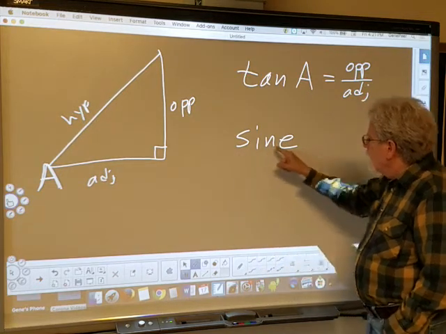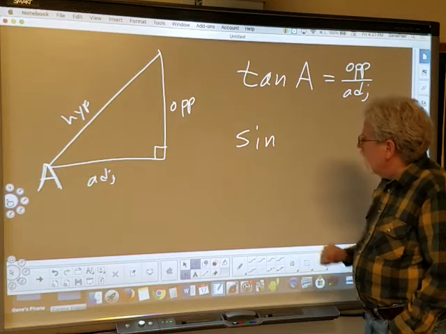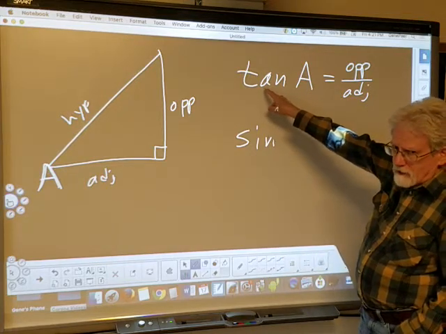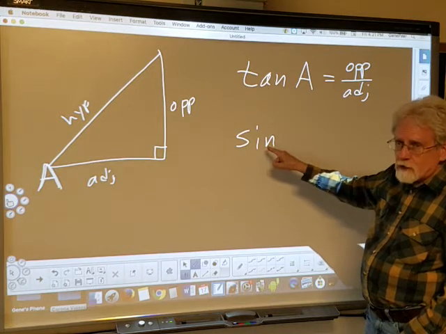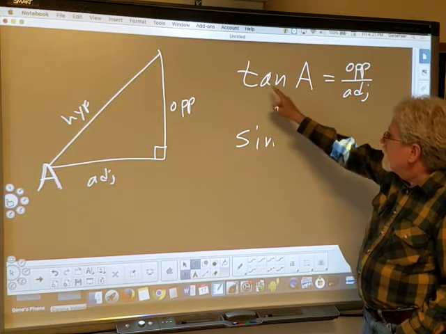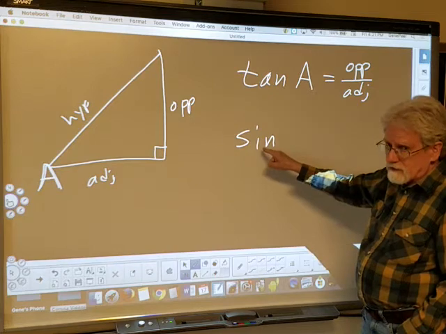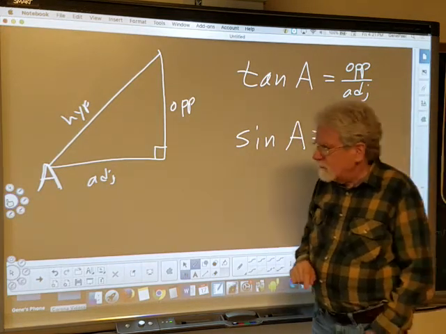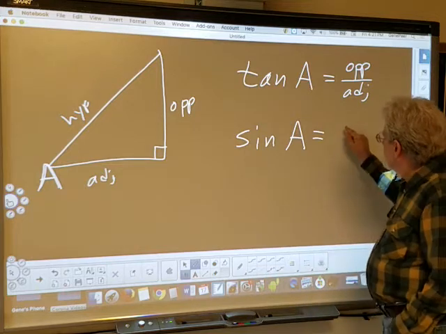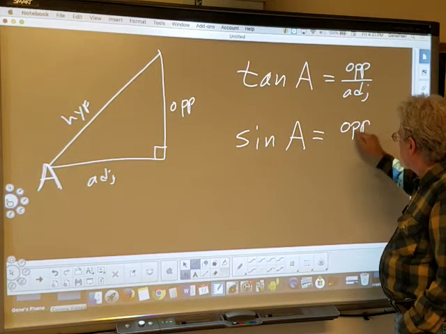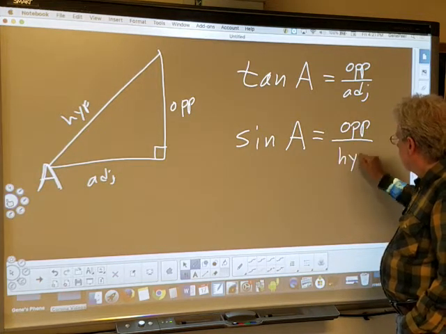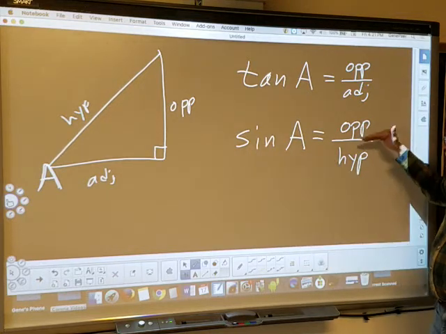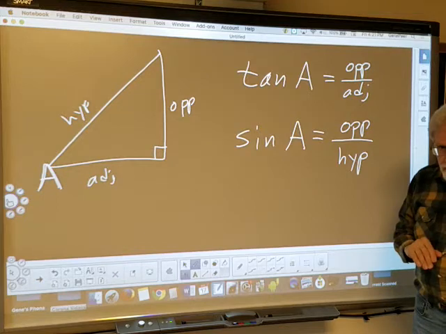So we don't write sine, we just write SIN, and like TAN, this is not pronounced tan, and this is not pronounced sin. This is tangent, this is sine. The sine of A is defined as the opposite over the hypotenuse. Sine of A is opposite over hypotenuse.